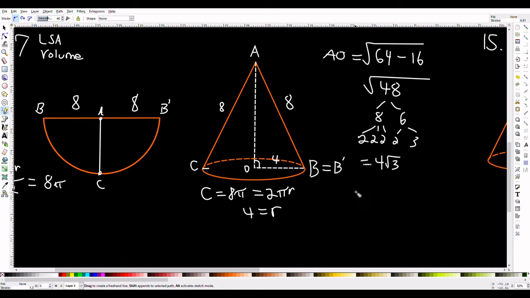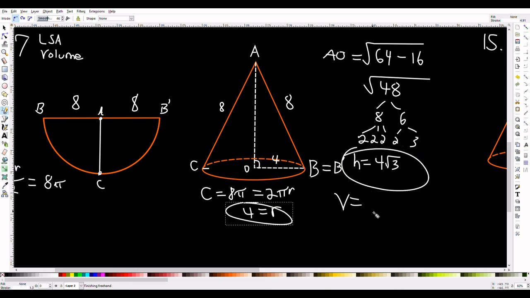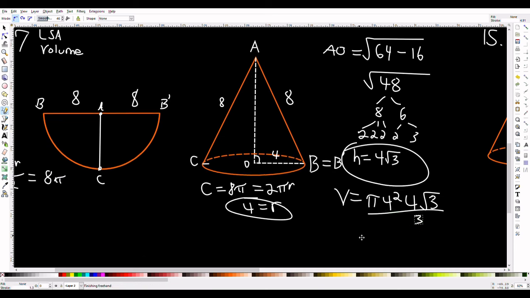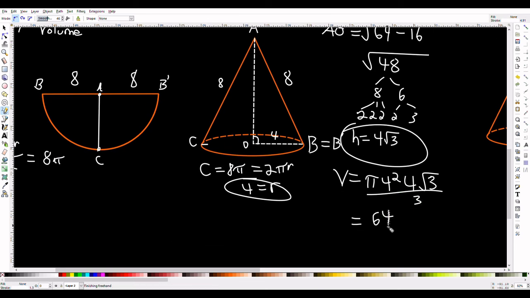And now we have everything we need to use our volume formula. We have our height, we have our radius, and now for volume, pi r squared. Don't forget to divide by 3. 16 times 4 is 64, root 3 over 3.